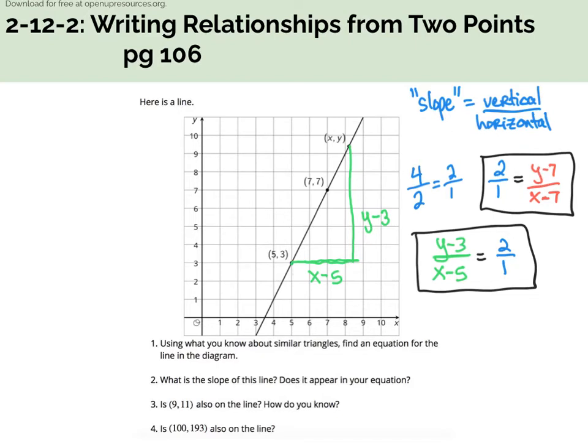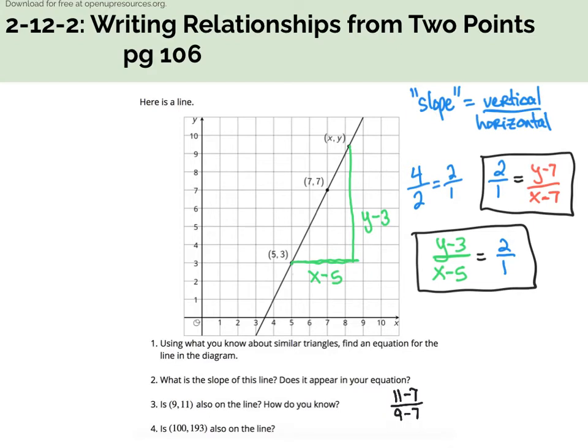So we're going to put that 9, 11 into this equation first. The y is the 11, so we're going to say 11 minus 7 over, and then the x is the 9, so 9 minus 7. Let's find that out.